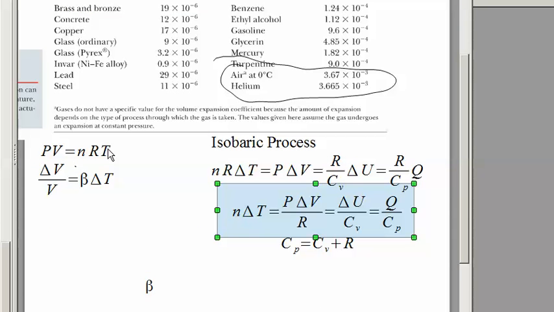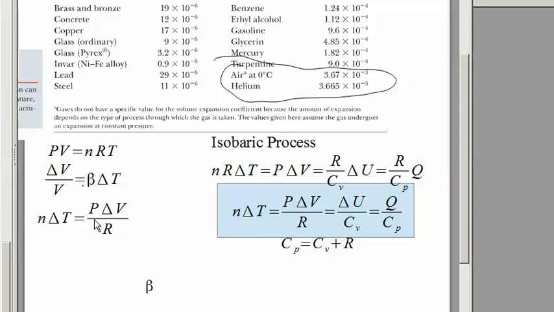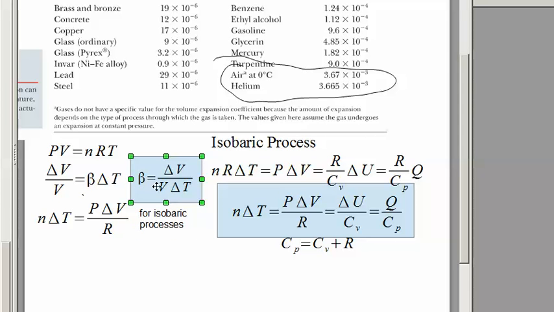Now we saw earlier when we changed the temperature, it affected P delta V over R. In an isobaric process, we basically can maintain this relationship n delta T equals P delta V over R. That's not true in general, but just true in the case where we have isobaric processes. So now we're aiming toward getting beta equals delta V over V delta T. We want to try to manipulate this algebraically until we have something like that.